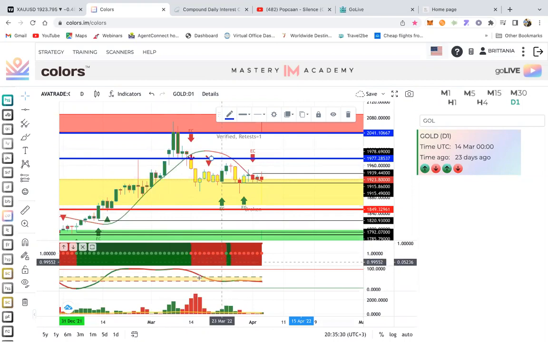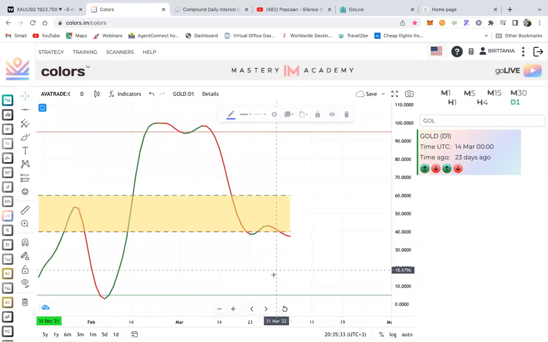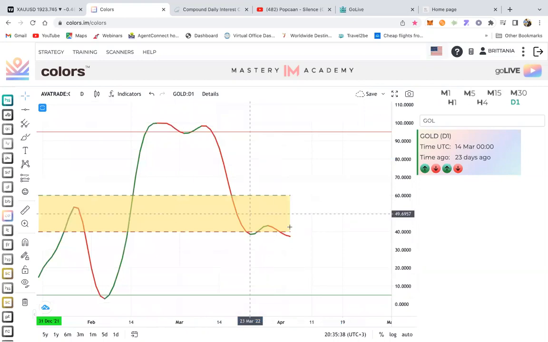Then down in this section right here is your EMA. Let me enlarge this for you guys. So this is your EMA right here, right? Anytime you see the EMA inside of this yellow box, it's a no trade zone, right? If the EMA is stuck inside of this yellow box because we don't have enough volume or momentum pushing up the market, it's a no trade zone, which means you do not take any trades.